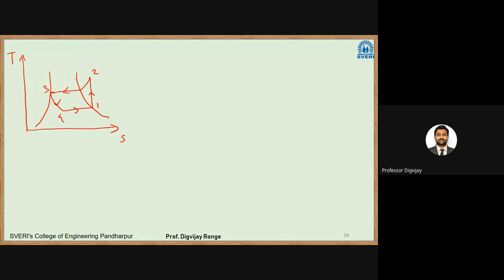So this was your ideal VCR cycle on TS diagram. Now I will draw the actual one.